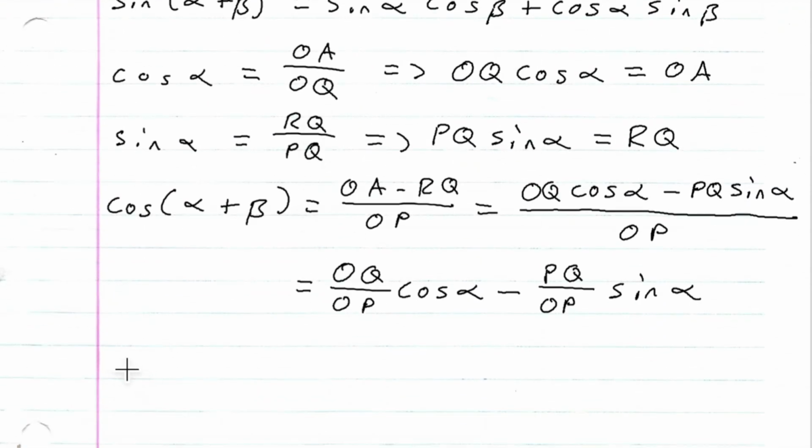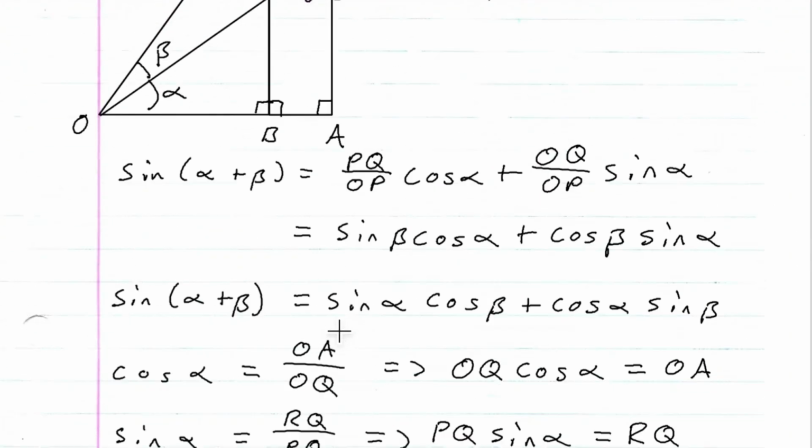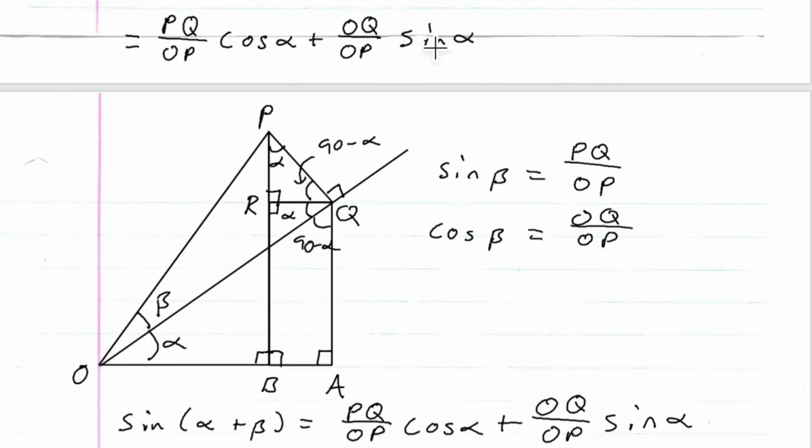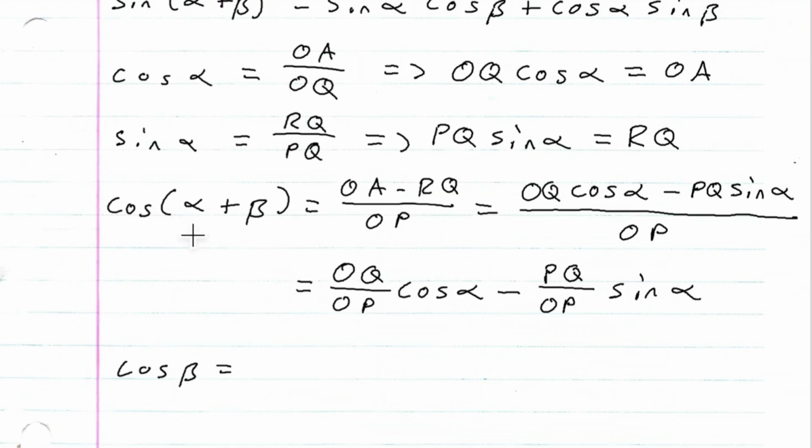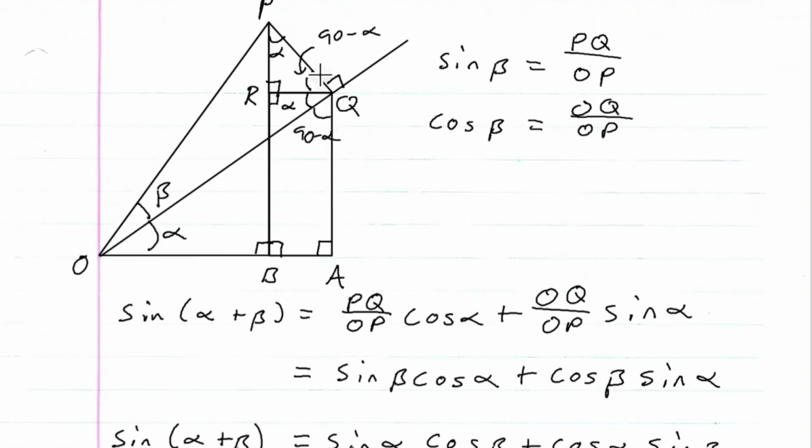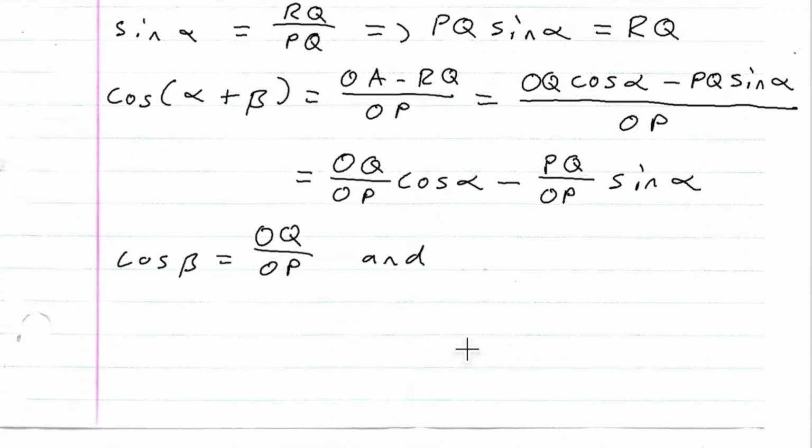So cosine of beta is equal to OQ over OP. And PQ over OP is sine of beta. Sine of beta is equal to PQ over OP.